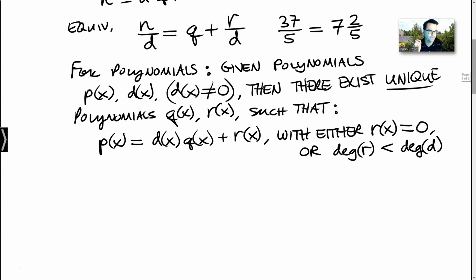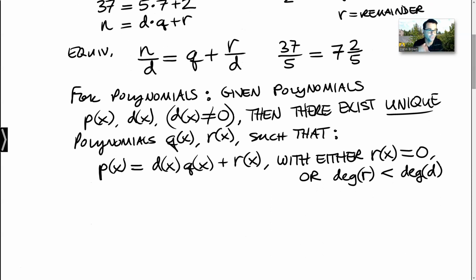So instead of having r less than d up here, you have degree of r less than degree of d. So for instance, if you're dividing a quadratic into another polynomial, your remainder could be a number, or it could be a linear polynomial. It could be 3x plus 5. That's what's new. The remainder doesn't have to be just a number. It could be a polynomial as long as it has smaller degree than what you start with.